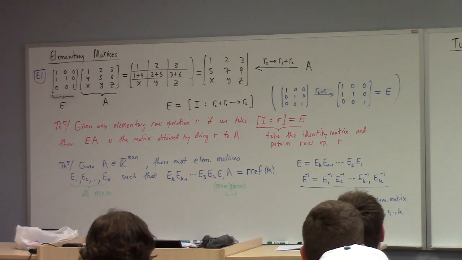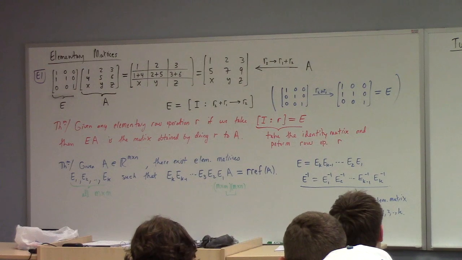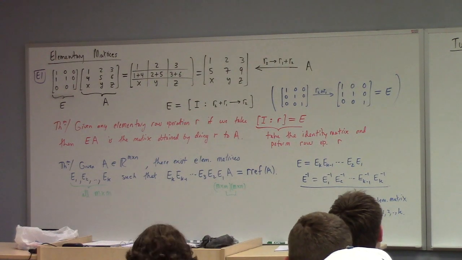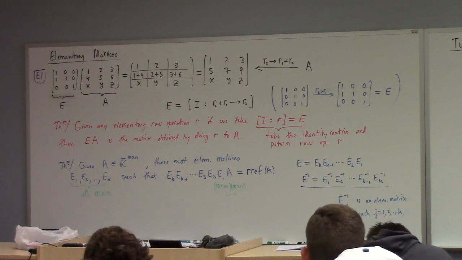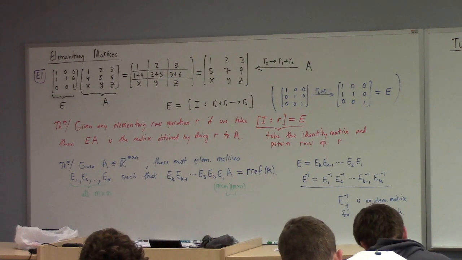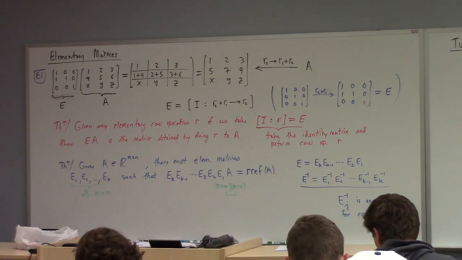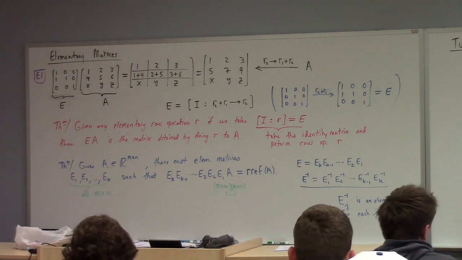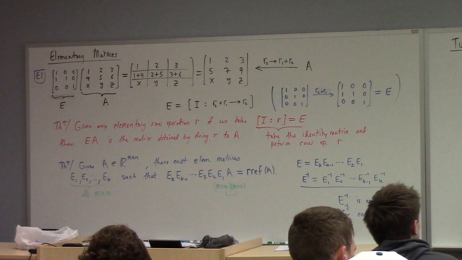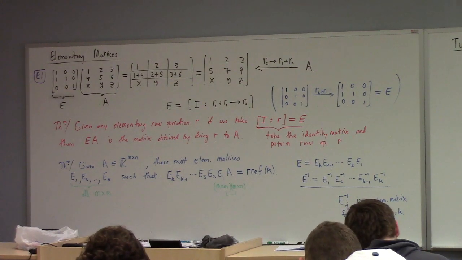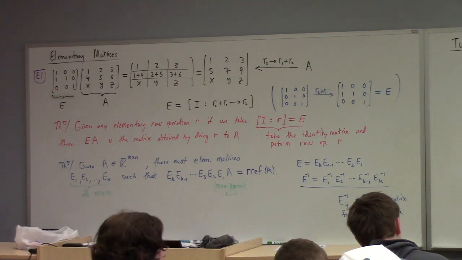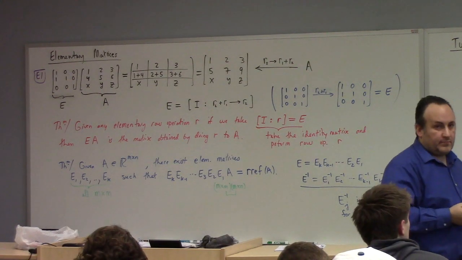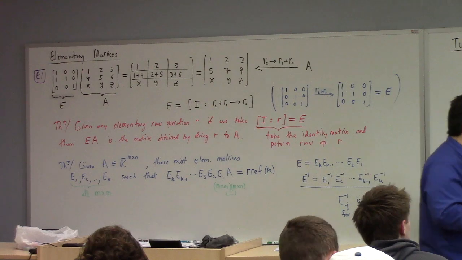So if I have the set (1, 2), (0, 1), (1, 3), it is linearly dependent, since if we take (1, 2) plus (0, 1), what do we get? (1, 3), right?